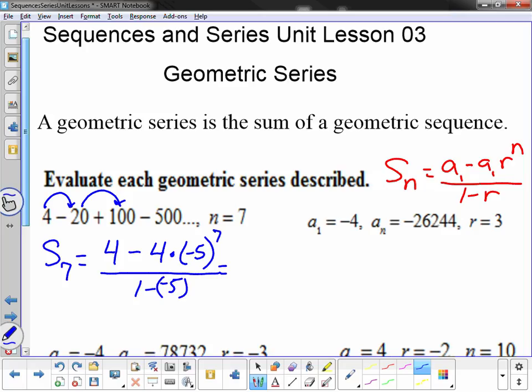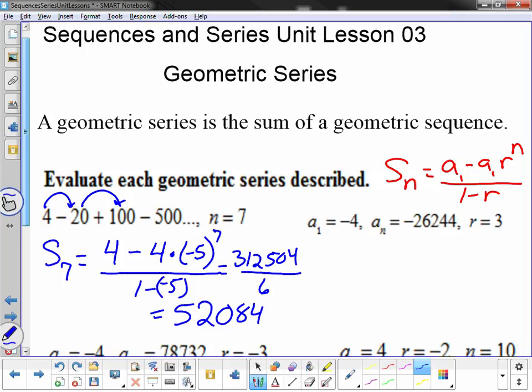So 4 minus 4 times, parenthesis, negative 5, close my parenthesis, raise it to the 7th power. I'm just putting that whole numerator into my calculator. And it says I got 312,504. On the bottom, I got 1 minus a negative 5, which is actually 6. So I take my top number divided by 6, and I find that my sum is 52,084. So if I had used all those numbers, I would have got 52,084.